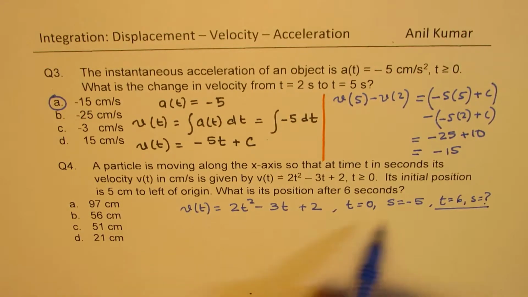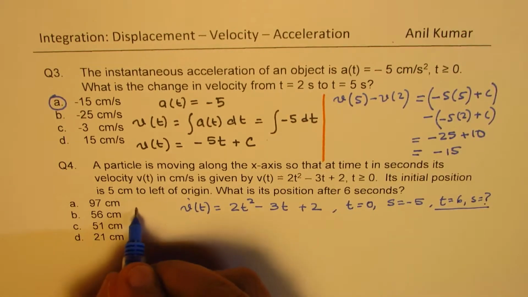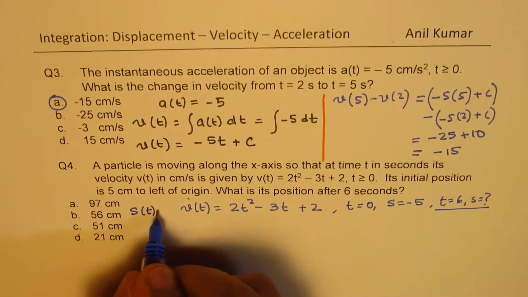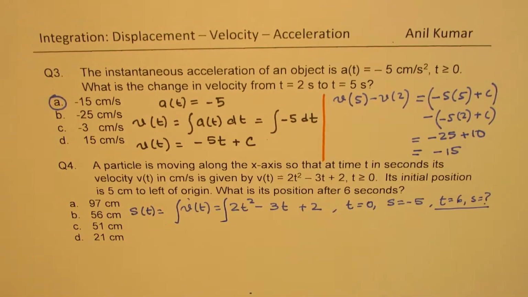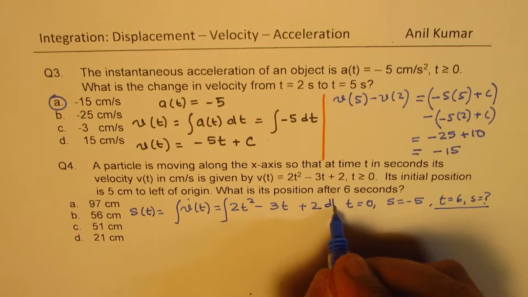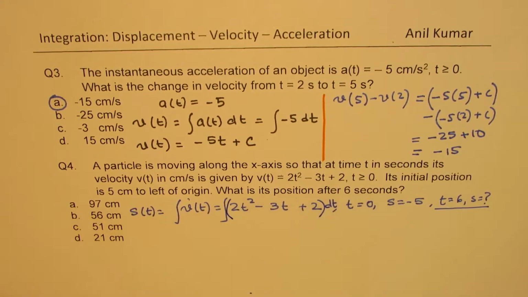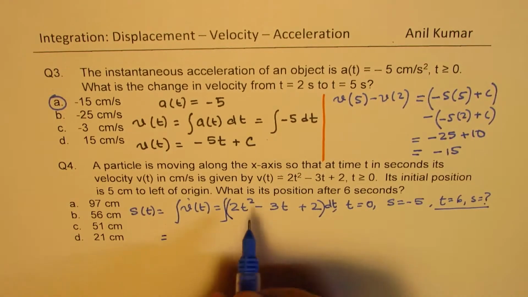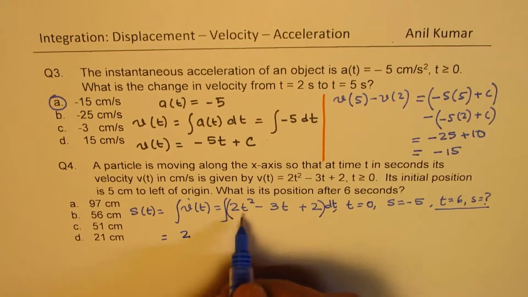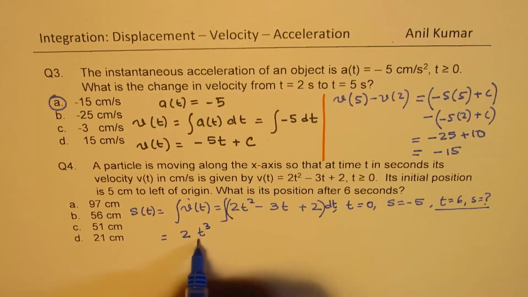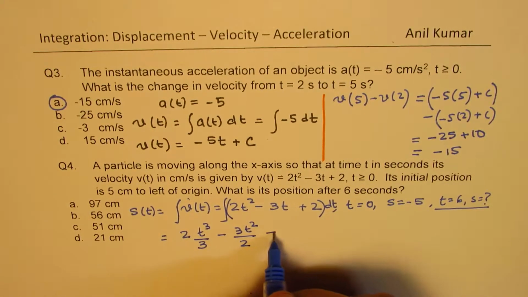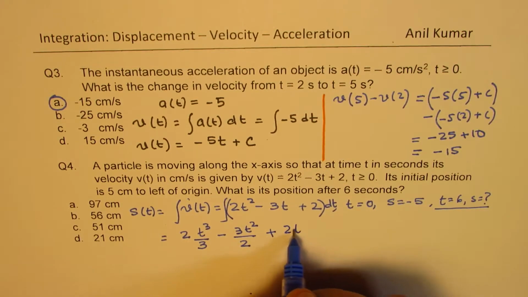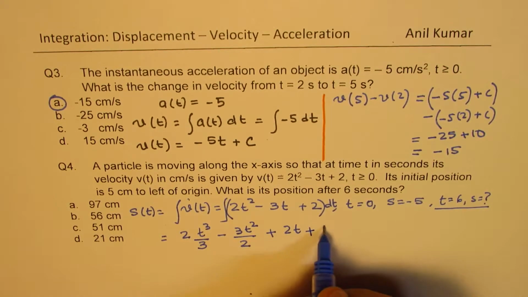Okay, so s is the integral of this. We can find displacement by doing the integral of the velocity function. So let's integrate this with respect to time. What do we get? 2 times t to the power of 3 over 3, minus 3t squared over 2, plus 2t, plus a constant c.